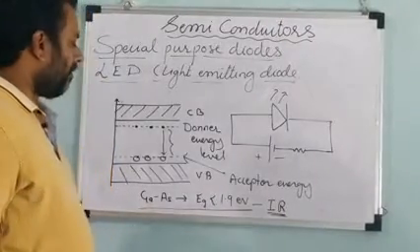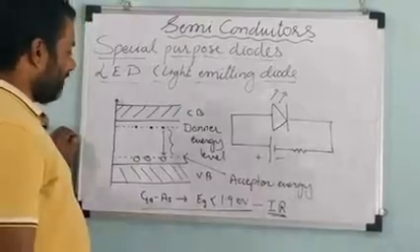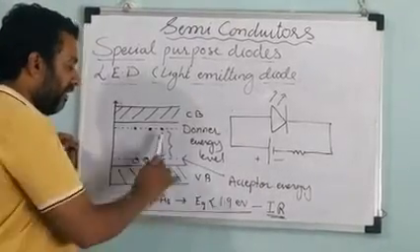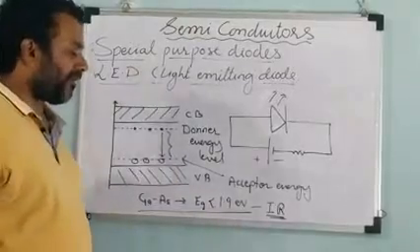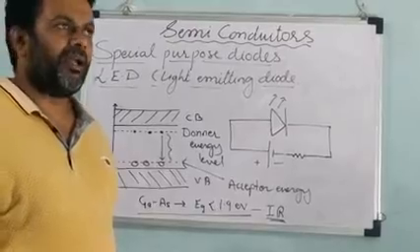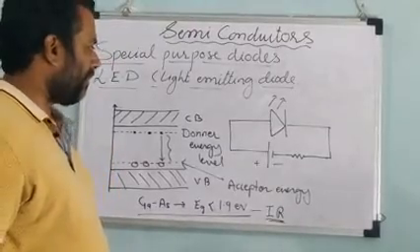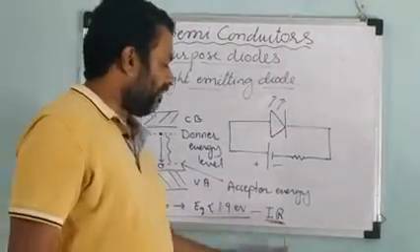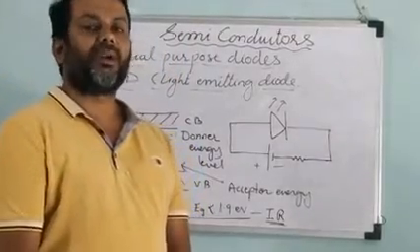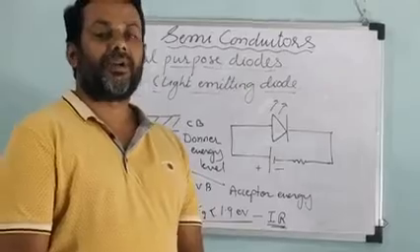Okay, so here what happens, see, whatever the energy gap will be there between the donor energy level and the acceptor energy level, that much amount of energy will be given out in the form of radiations. These radiations may be falling in the visible spectrum or maybe in the infrared spectrum. So depending upon whatever the amount of energy is given out, the LEDs are used for the different purposes.